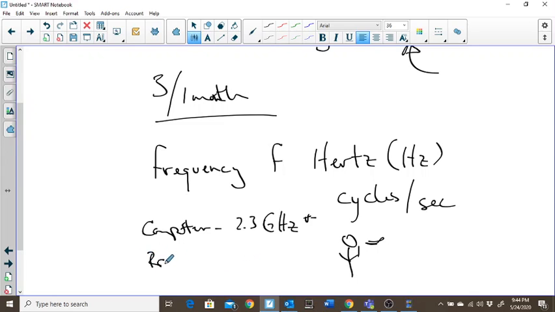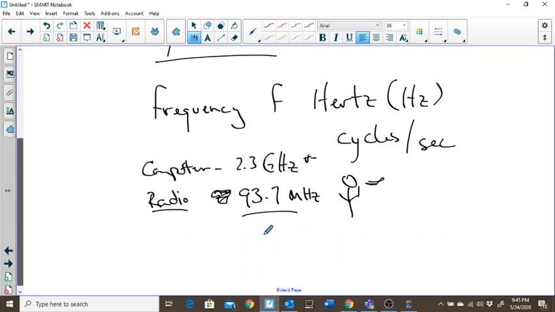The radio, if you're listening to, I don't know, like 97.3 or something, or 93.7, CBC is 93.7 megahertz. And this is what we call the frequency of the carrier wave that's carrying the sound and music and everything like that to your radio.